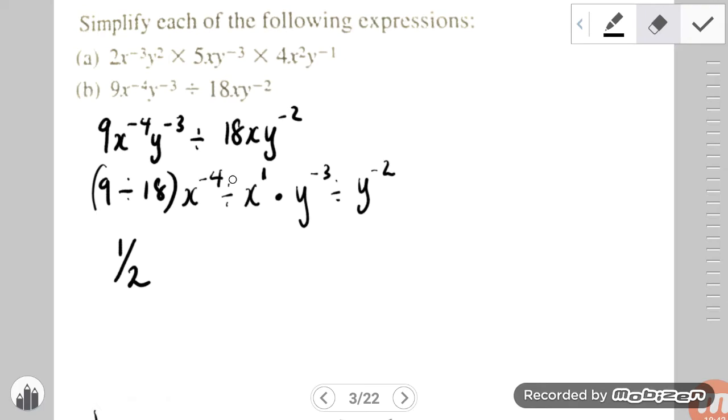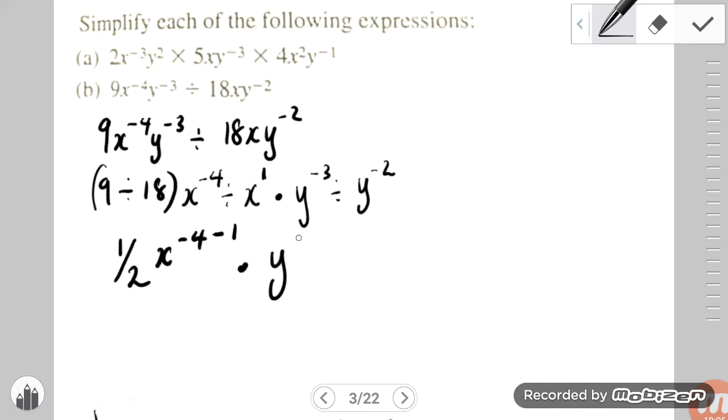Then we're dividing now. Unlike the previous problem where we added the powers because we were multiplying, we are dividing now, so we subtract the powers. So this becomes x to the minus 4, and because we're dividing, we're subtracting whatever is over here.